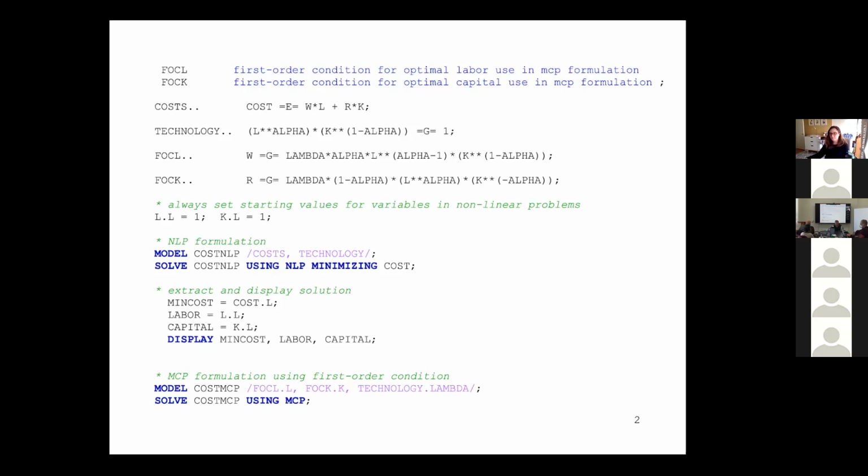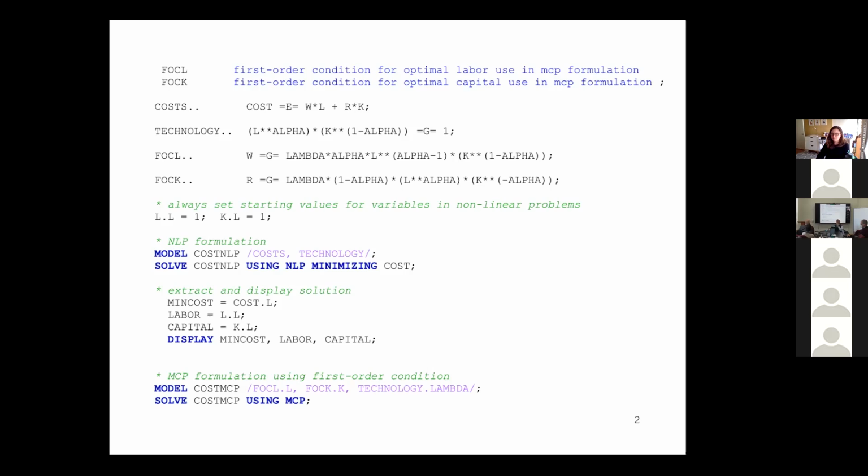W and R are parameters. But you need the technology equation to solve for lambda, right? Yeah, otherwise there's infinitely many solutions to the two first order conditions that all have different outcomes.